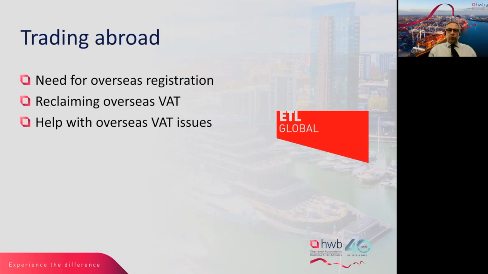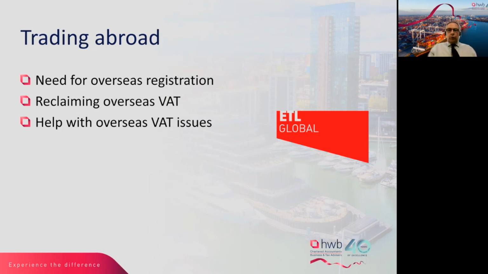It's important also to note that sometimes the acquisition of goods from one EU member state, perhaps for supply on to another member state, can trigger a registration requirement, and because of the point about the place of supply. In other words, if you acquire goods in a country and then supply them to a customer in another country, you're making a supply in the country that you've acquired those goods.